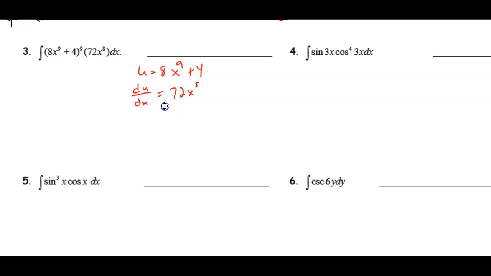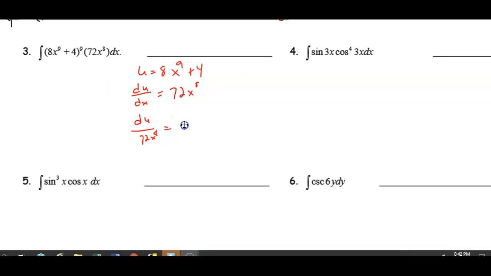All right. So now du over 72x to the eighth equals dx. So now when I rewrite this, I get u to the ninth because I said this is u times 72x to the eighth du over 72x to the eighth.